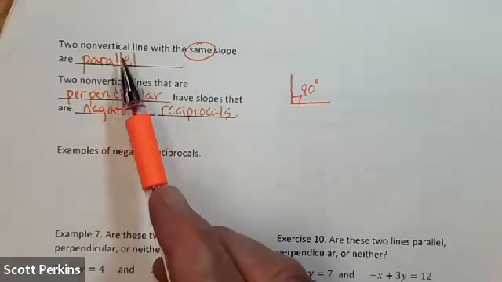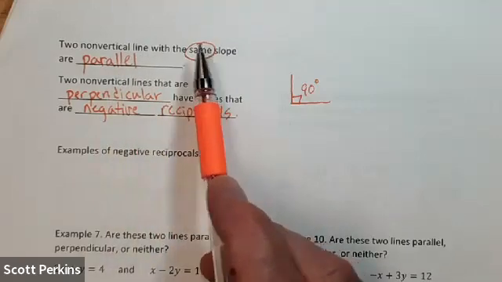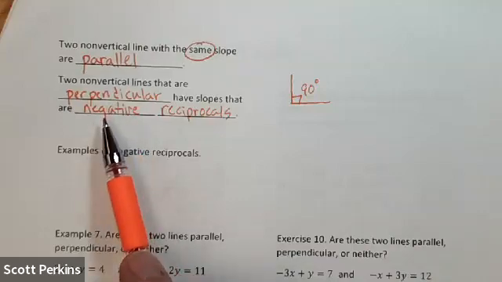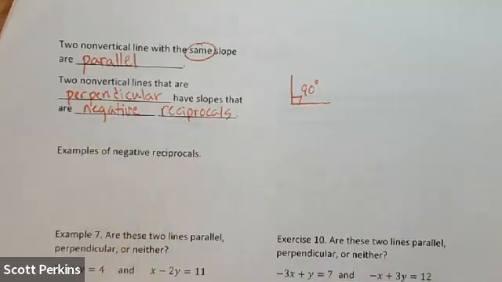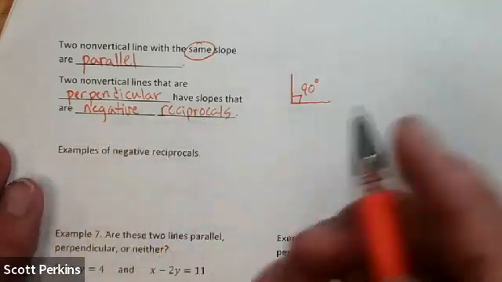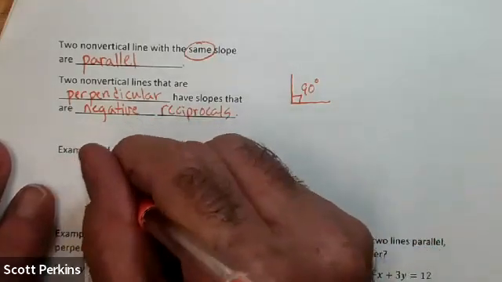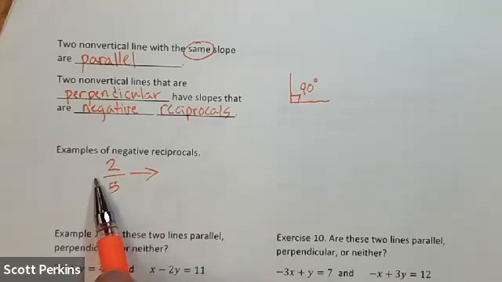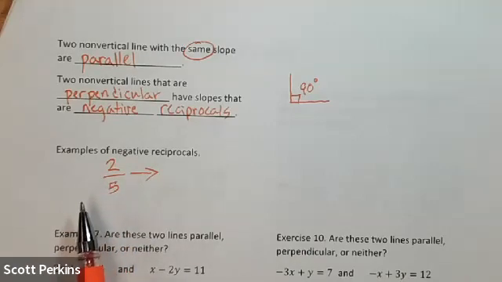So if two lines have the same slope, they're parallel. If two lines are perpendicular, their slopes are negative reciprocals. So here we go. Here's a slope. Let's say, this is just examples. If the slope of a line is 2/5, the negative reciprocal. Well, first, if my number starts out positive, what's the negative going to be?